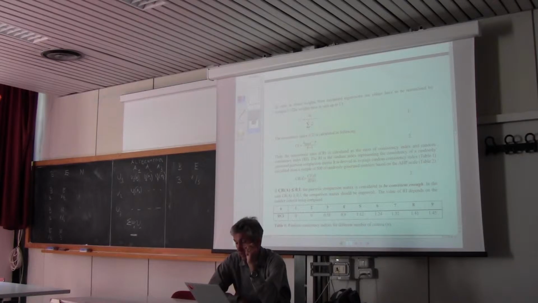Now, you can compute a consistency index, which is simply lambda max minus n divided by n minus 1. This consistency index would be 0 if the matrix is perfectly consistent, would be higher than 0 if the matrix is not.